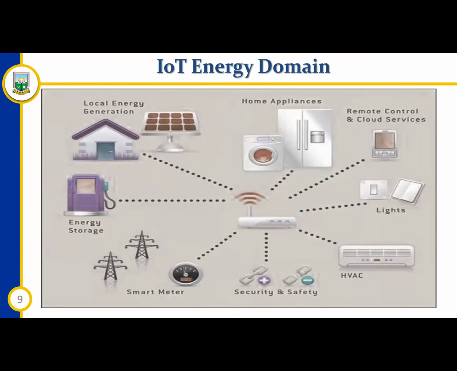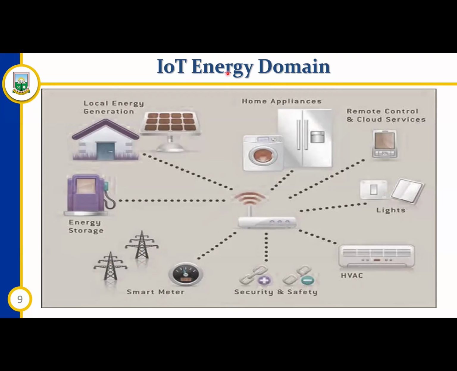Now, this is a typical example. We have these home appliances all in here, and they are all connected to a wireless router. So the lights, the air conditioning, security, smart metering system, I think there's a final year guy doing a smart metering system, energy storage, local energy, and so on and so forth.